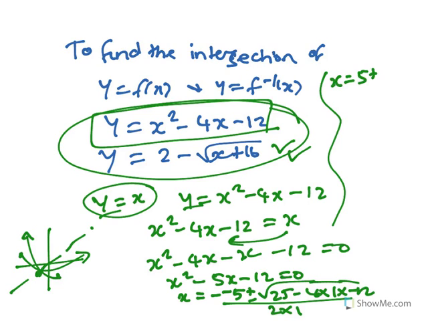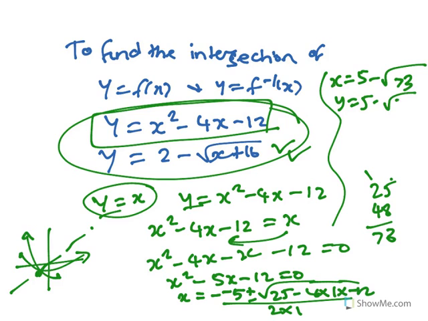So x is 5 plus or minus, so we know we take the minus root, so 25, and that'll be plus 48. So 25 and 48 is 73. It'll be the negative, and the y value will be exactly the same because they intersect on the line y equals x, so the x value equals the y value, and that will give you your point of intersection.